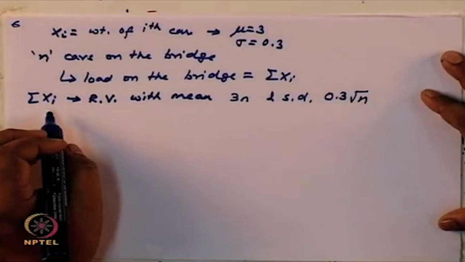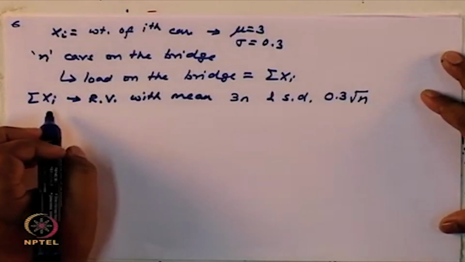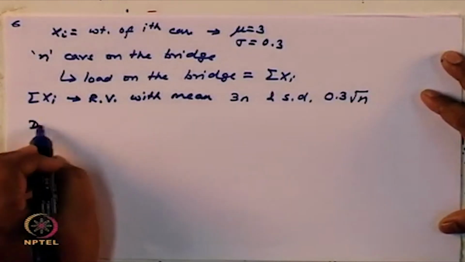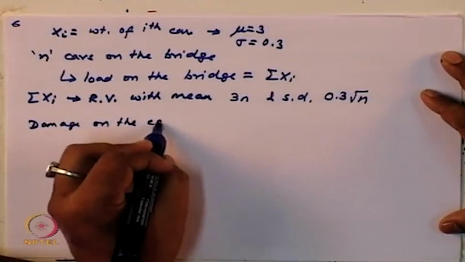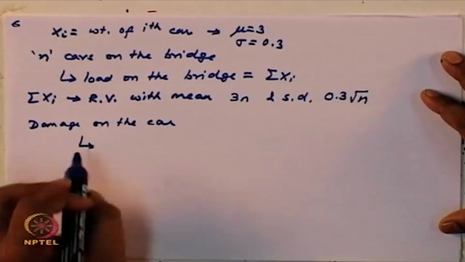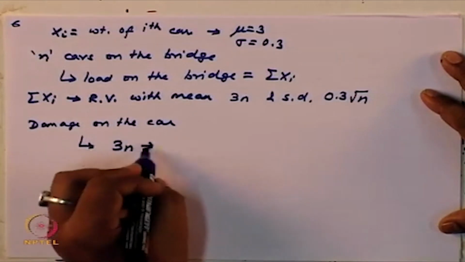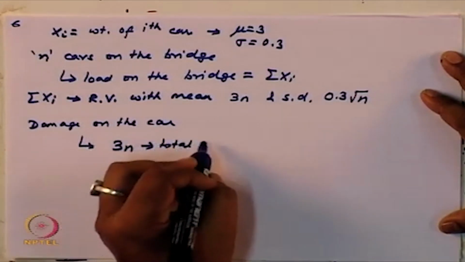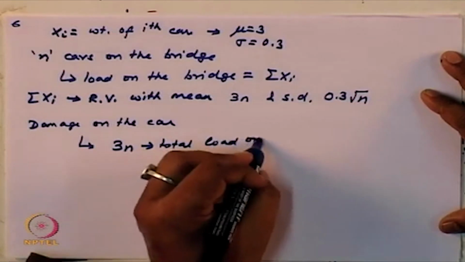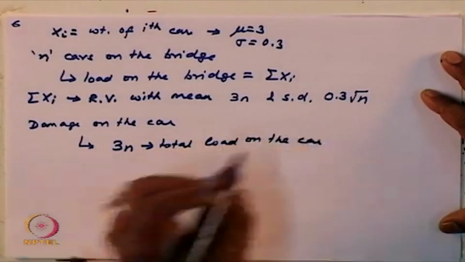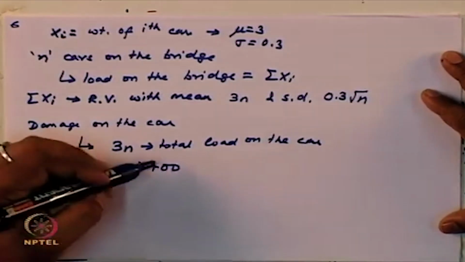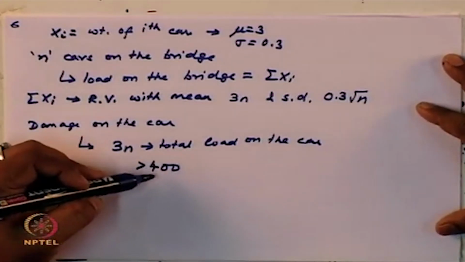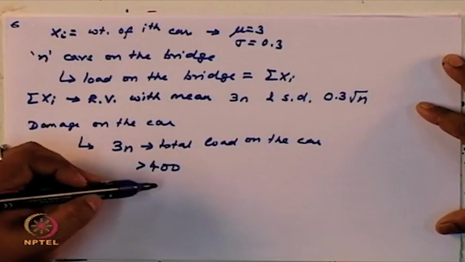Okay. So, when I want to calculate the damage on the bridge, we are thinking of a situation that 3n, which is the total load on the bridge, is greater than 400, right. 400 is the weight which can be withstood by the bridge.